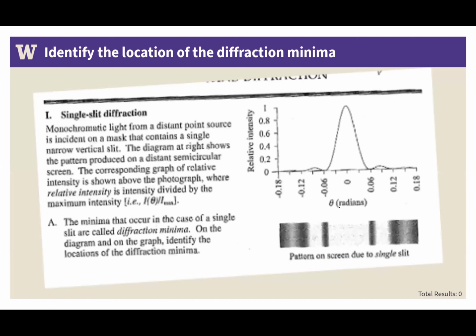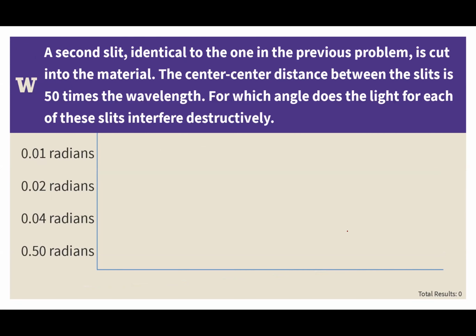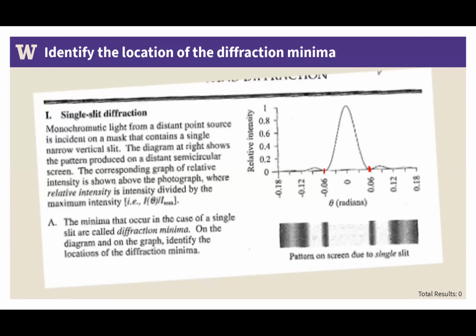So if I have single slit diffraction, I have this shape where I have this broad peak with dark spots on either side. If I add a second slit, I can figure out what angle is going to give me destructive interference, and I'm going to find out it's going to be a much smaller angle for the interference dark spots.